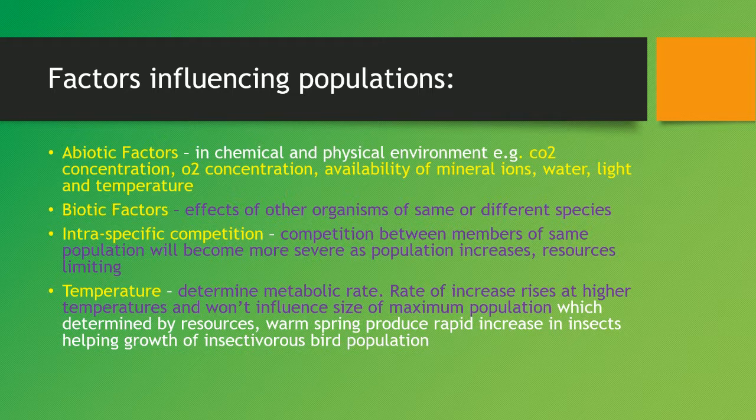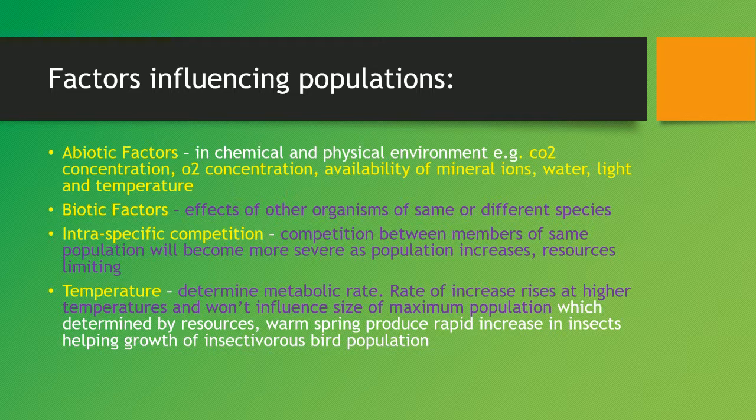This can be through intraspecific competition, which is competition between members of the same population, which will become more severe as the population increases in size and resources become the limiting factor. Temperature is also a biotic factor. Well, actually, it's an abiotic factor, sorry, and this determines the metabolic rate, as the rate will rise at higher temperatures, and it won't influence the size of the maximum population, which is determined by the resources.